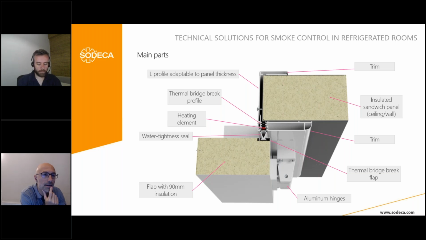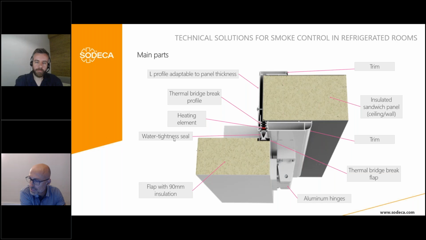This is the L profile adaptable to the panel thickness, as I said, by default up to 120 millimeters, and this is the trim over. Sorry, Oriol, we are not seeing your cursor now. I don't know why. Okay, now. Sorry, I had it in the other screen. Here is the heating element, the thermal break of the profile connected to the panel, and the thermal break in the flap.